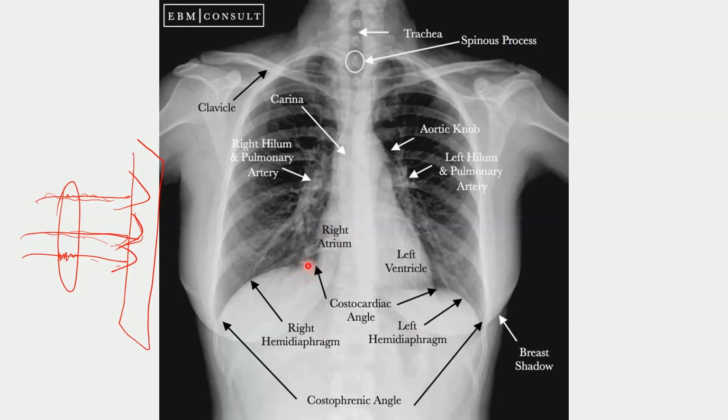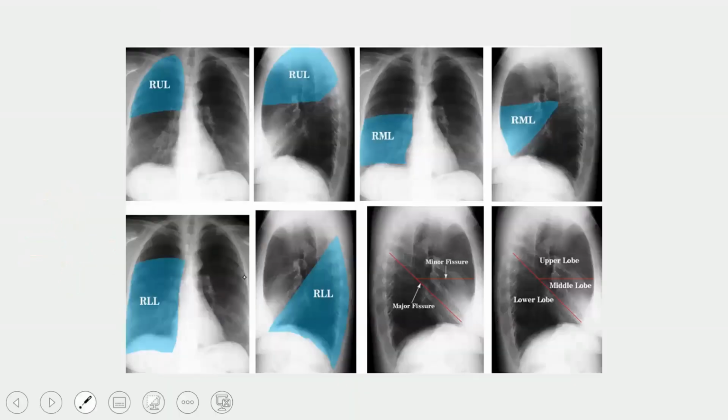Others are these, the domes of the diaphragm. Right? And here I have shown you how you can identify the lobes. So here you have the right upper lobe in this region. This is the posterior anterior view.